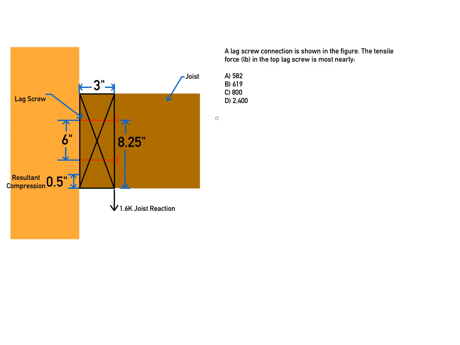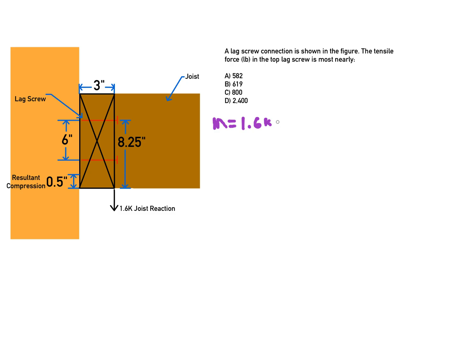So we're going to solve for the moment, and the moment is going to be equal to this force of 1.6 kips times the distance away from the wall that it acts, which is 3 inches. So the moment, and we're going to solve for this in pounds because the question is looking for it in pounds. So the moment is equal to 1.6 kips.